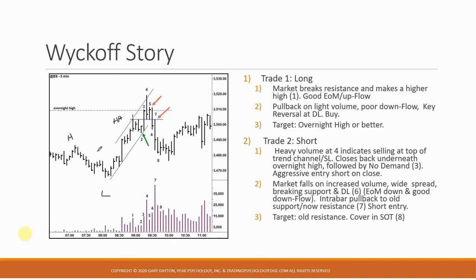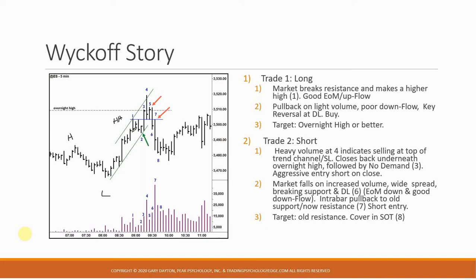It doesn't have to be sophisticated. We don't need any fancy indicators for this. All we need to know is, are we breaking resistance? Is there good flow, good ease of movement, volume expanding with the widening price bars, closing firm? There's always going to be some side stuff in here, but what we're interested in is the directional movement. So this is a strong little push to the upside.